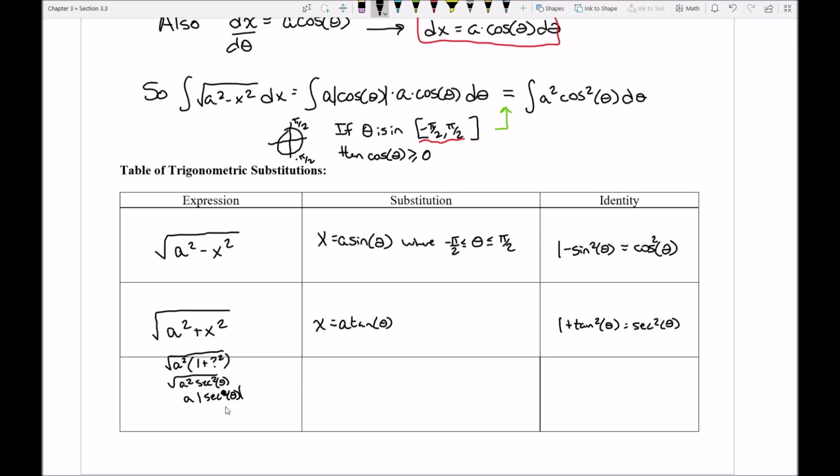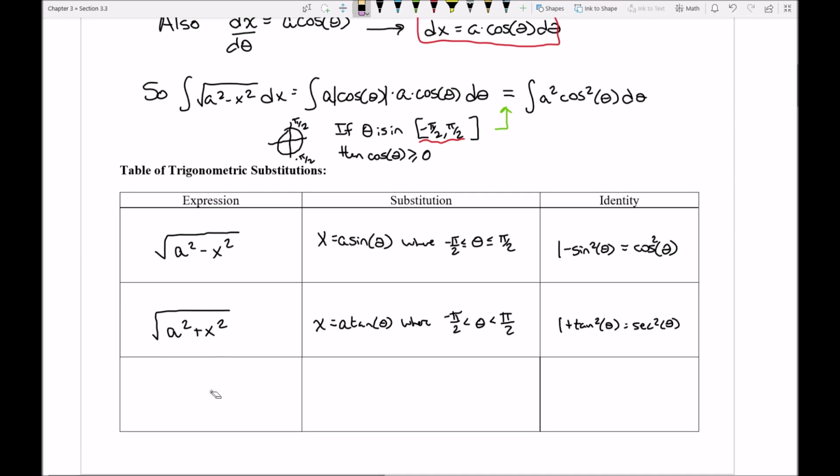So if this is a times secant of theta, and I want to make that always positive, I again could think, what would be values of theta that I could use? Well, if I go back to my unit circle, I can select pretty much the exact same values, probably just excluding the endpoints, since that's where the secant would become undefined. But I've been able to simplify down the radical using my substitution here, and then with the appropriate angle restrictions, I could get rid of those absolute value bars.